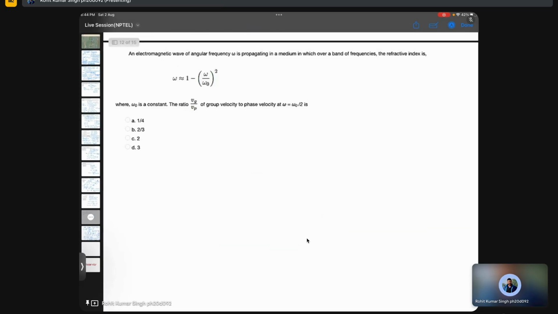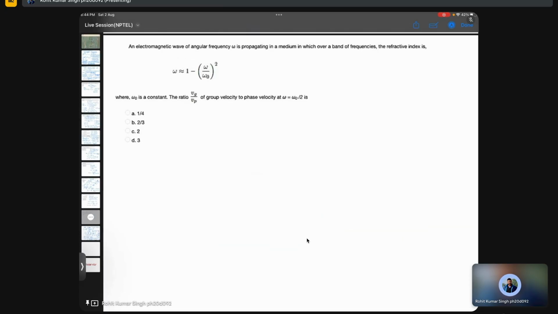Okay, so now this is the last problem, and this is a very interesting, conceptual one. So let's go through it. Now the question says an electromagnetic wave of angular frequency omega is propagating in a medium in which over a band of frequencies the refractive index is given.